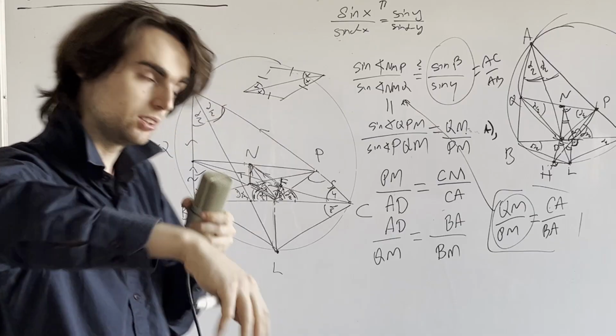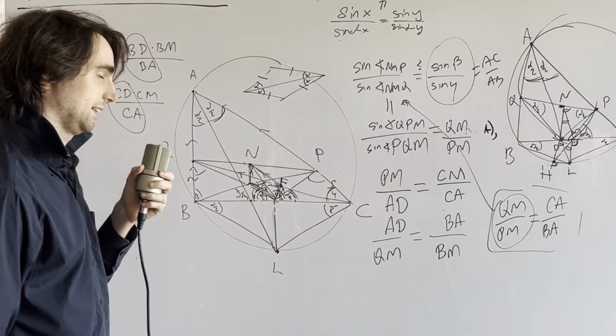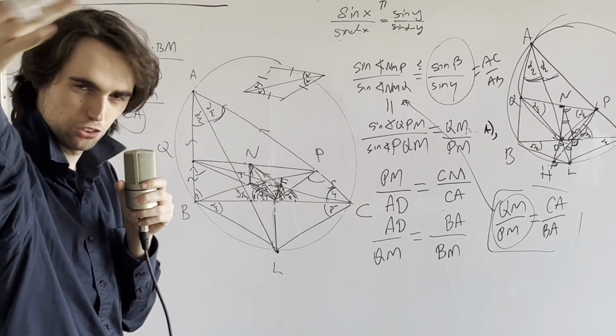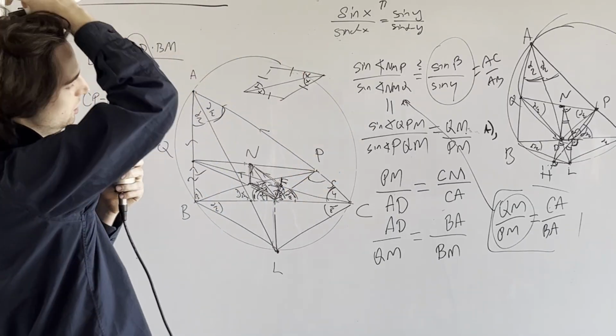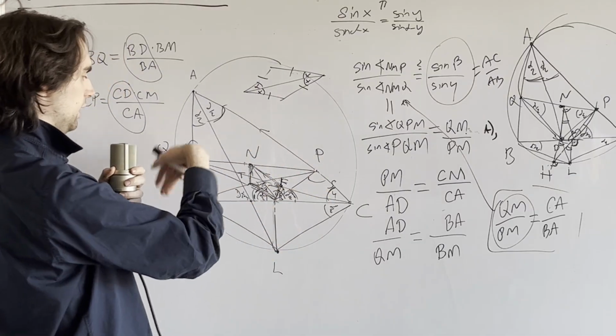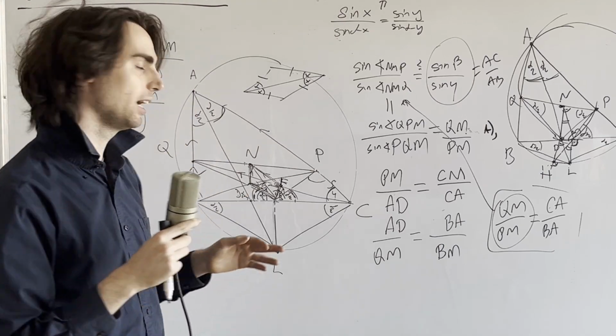A third way to still go by this same route, literally the same route but somewhat more creative, and I think I want to show this to you, is to say, okay, let me reflect P and Q opposite the midpoints of AC and BA.